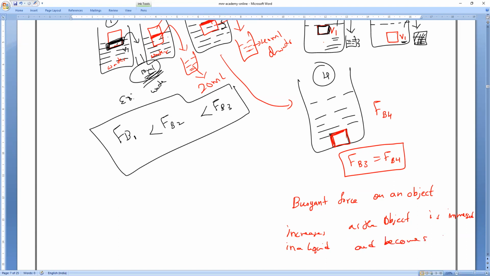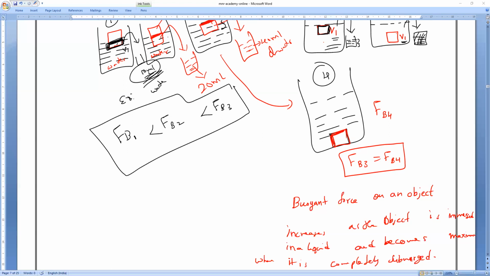When does it become maximum, everybody? When it is partially or completely immersed? Completely. It is maximum when it is completely submerged. Understood?